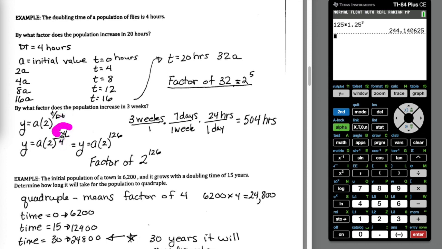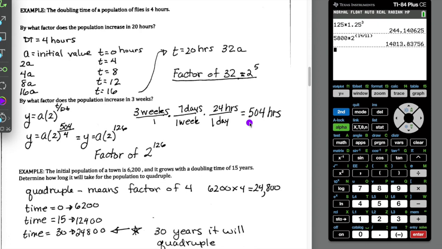But where am I getting this 504 from? Remember I said it's really important to make sure that the t and the dt have the same units. The double time is given in hours, and they're asking us to see what happens in 3 weeks. So these units don't match up. So I need to change weeks into hours, and that's where I'm getting the 504 from.